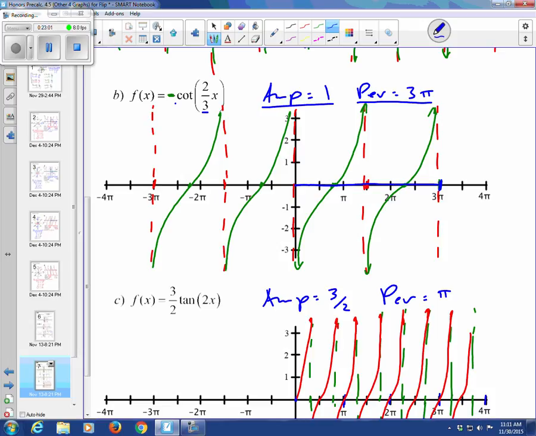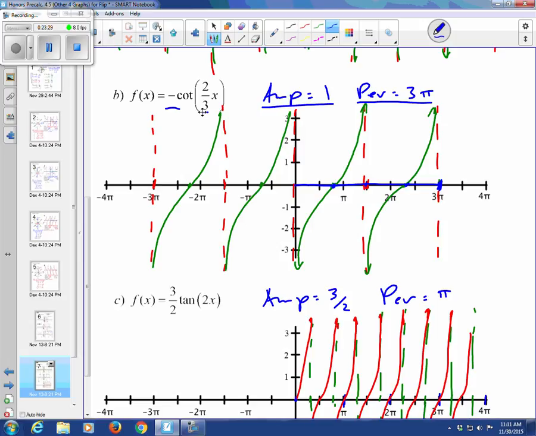The other thing that we're seeing here is a negative in front of that cotan, right? And that basically means that we're going to be flipping that cotan function. So whereas cotan would normally be going down between its vertical asymptotes, now because of the flip, it's going to be going up. We know that cotan starts at a vertical asymptote, has zeros at the quarters, and then vertical asymptotes at the halves, we might think, right?